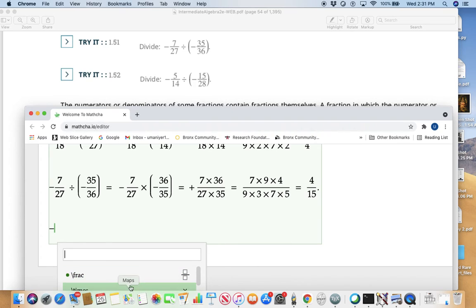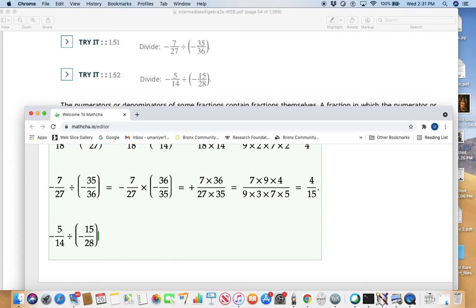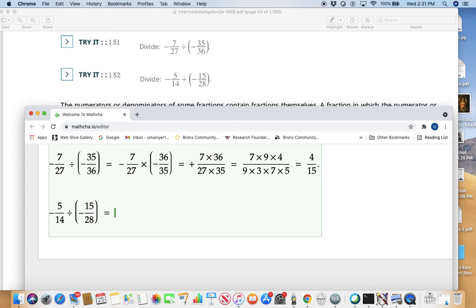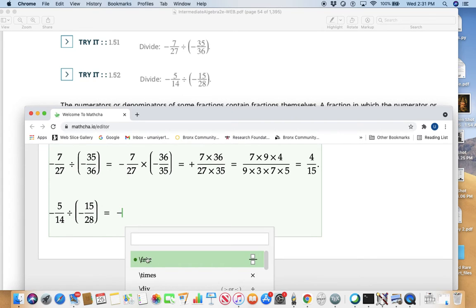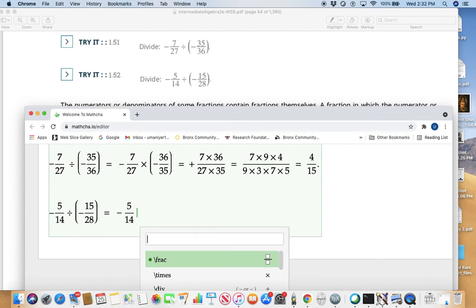Negative fraction 5 over 14. You are dividing by negative fraction 15 over 28. So again, division by a fraction is multiplication by its reciprocal. The first fraction doesn't change.